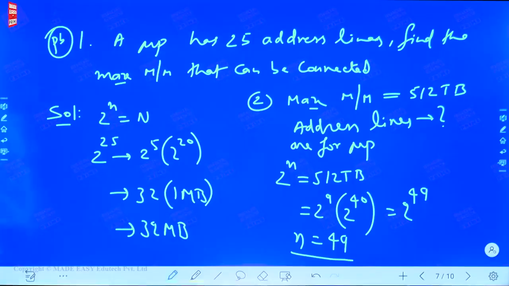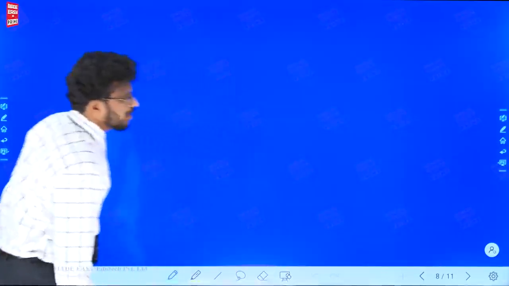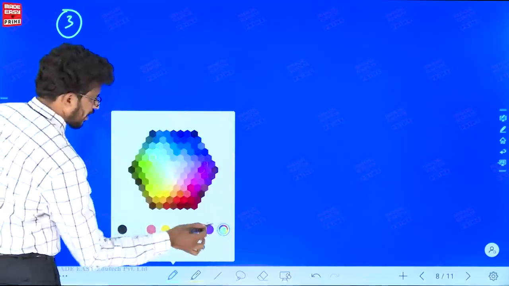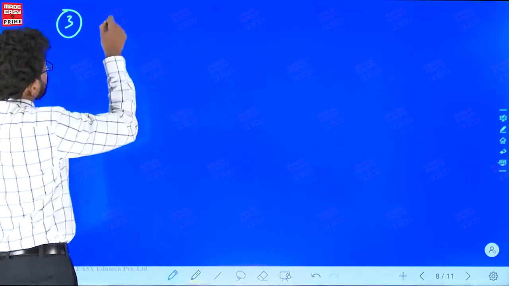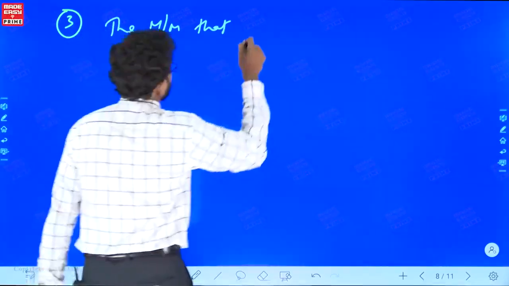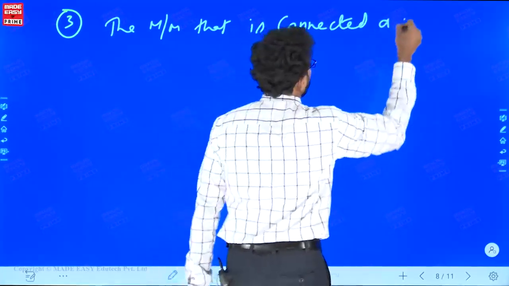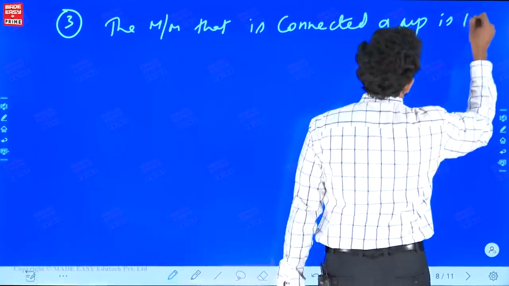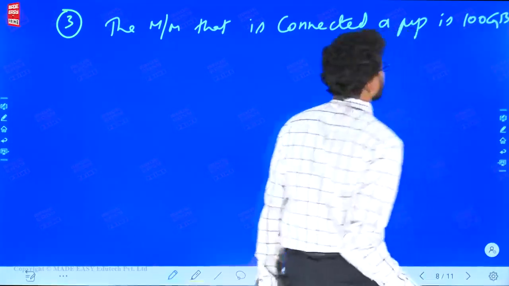In the third case, sometimes you will be given it in another way. For example, say the memory that is connected to a processor is 100 GB.